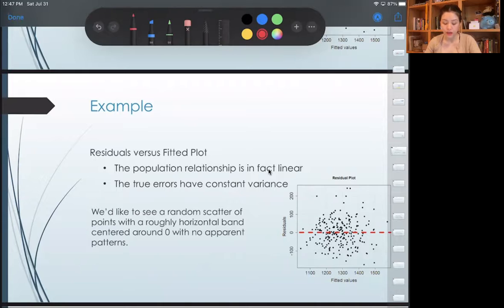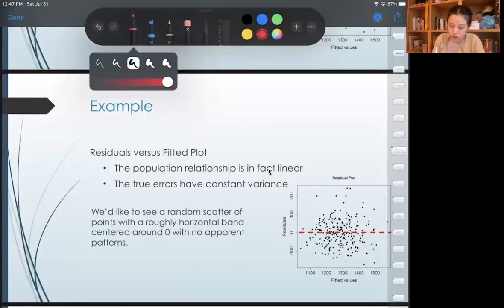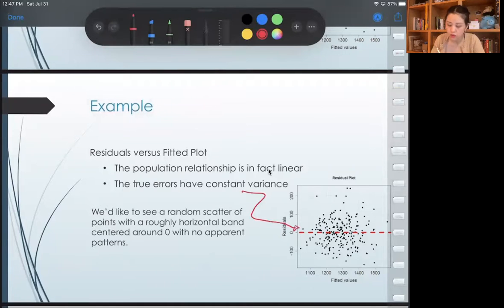We like to see a random scatter of the points with a roughly horizontal band centered around 0. So that little red dash band there shows that the true error have a constant variance.